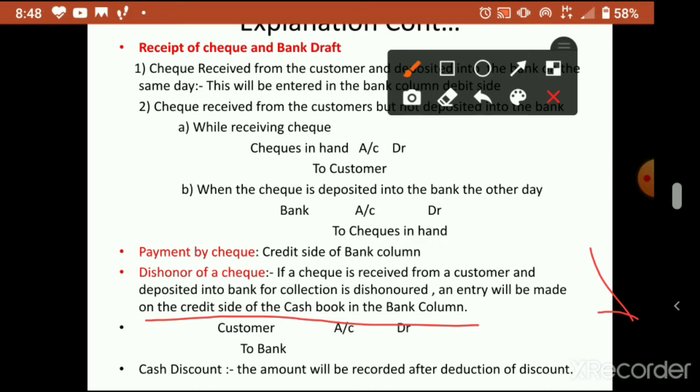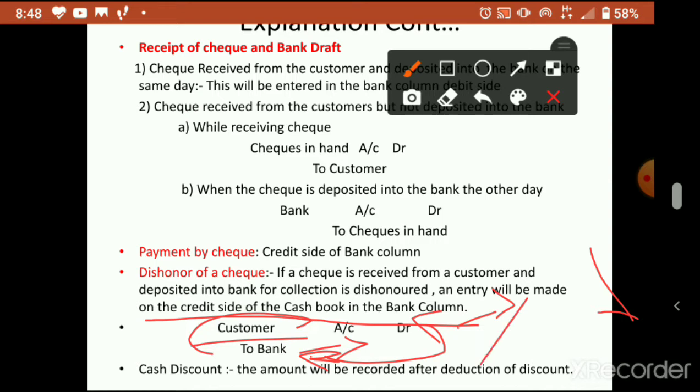So if it is dishonored, then I have to pass the reverse entry. Customer account debited to bank means on the credit side, again I put that customer in the same position, and you have to enter the amount in the bank column. Okay, so when I solve the question it will be very clear. Now you understand.